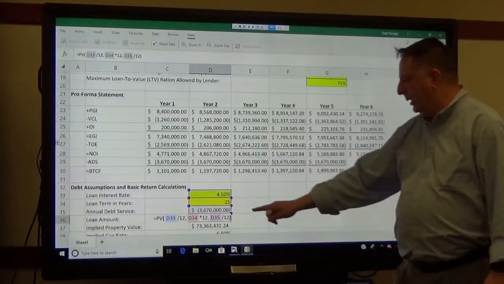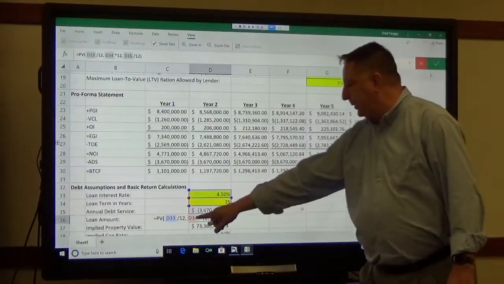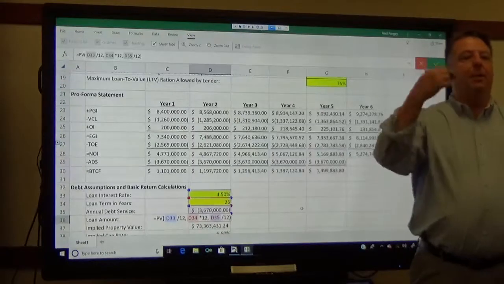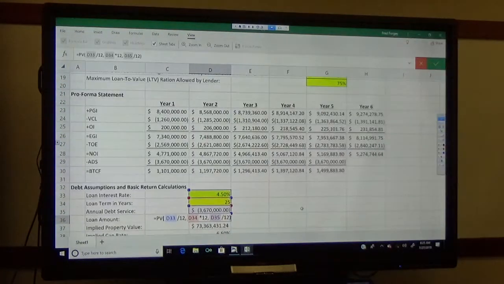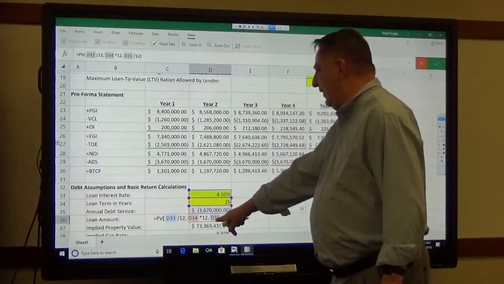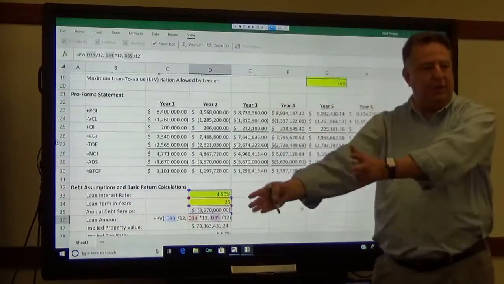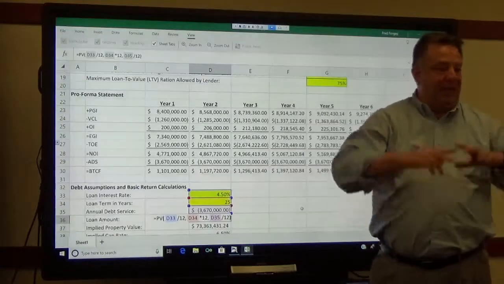Yes. Okay, then we're taking cell D34 right below it, which is the term. Well, that's 25 years, but months, that's 25 years times 12 months in a year, that's going to be what? 300 months, yes? Okay. Now, then we're going to go over and we're going to take cell D35, which is the annual debt service. That's your total principal and interest payment for the year.